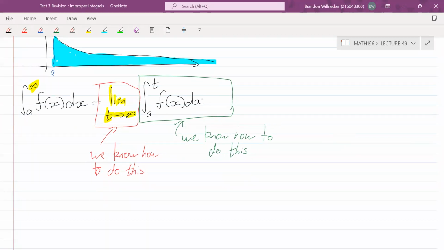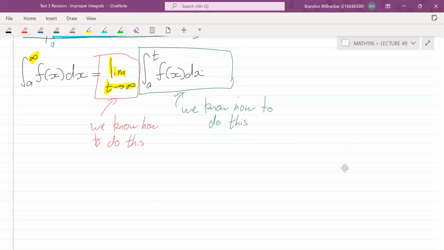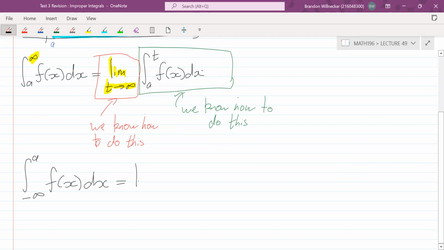So instead of having this upper bound of infinity, we replace that with a limit. Now, if the lower bound was something like minus infinity, we would do the same thing. So if we have the integral from minus infinity to a, f of x dx, that's going to be the limit as t goes to minus infinity of the integral from t to a, f of x dx.